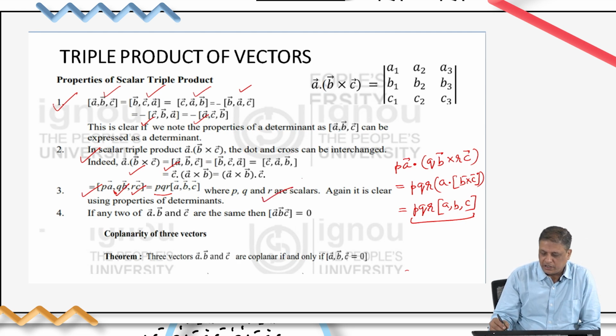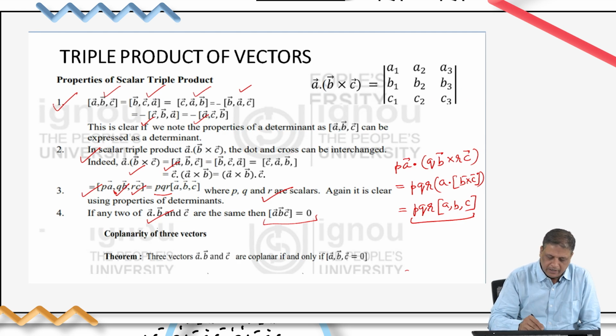Here P, Q, R are the scalars, and we have one more important property: if two of the vectors A, B or C are the same, then the entire scalar triple product turns out to be 0. This is from the properties of determinants, that if any two rows or two columns are the same, then the entire determinant turns out to be 0.